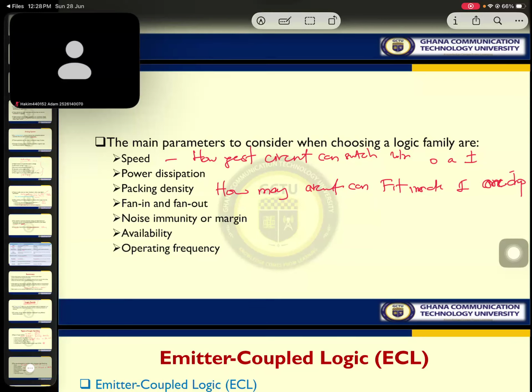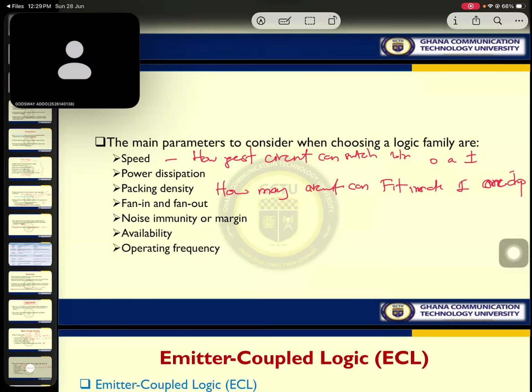And we've come to realize that CMOS dominates all these logic families, because it is used in microprocessors, controllers, and modern digital circuits, and it has very high noise immunity and low power consumption. These are the key parameters that need to be considered.